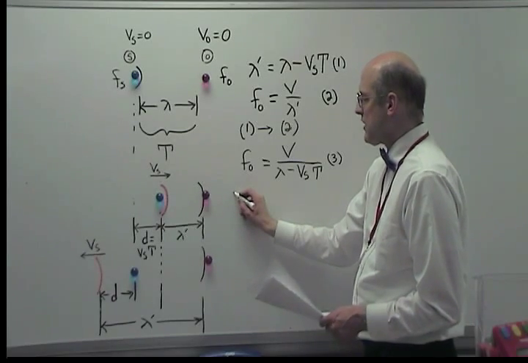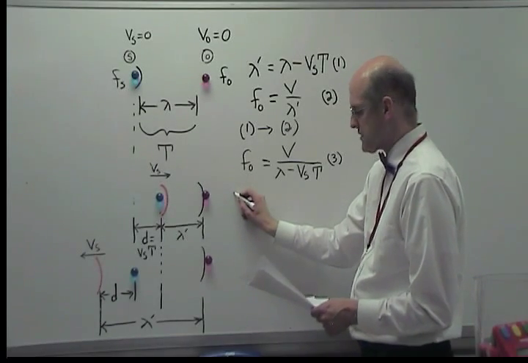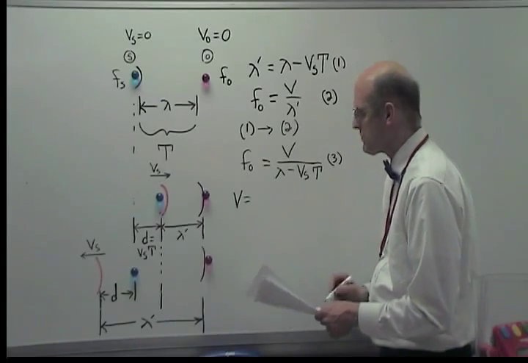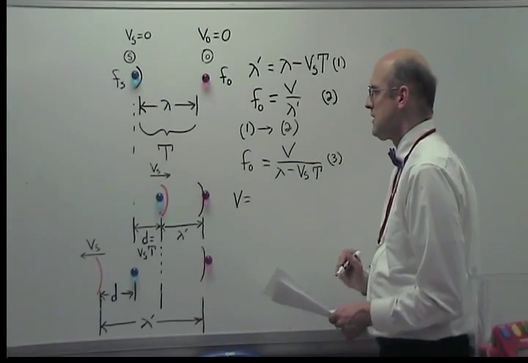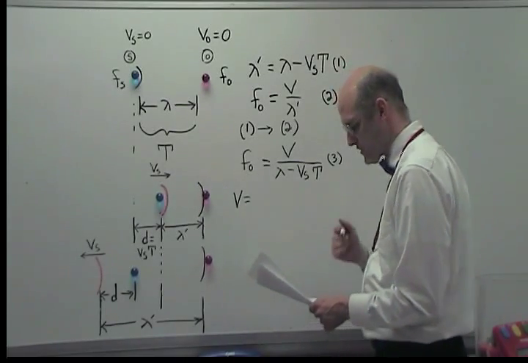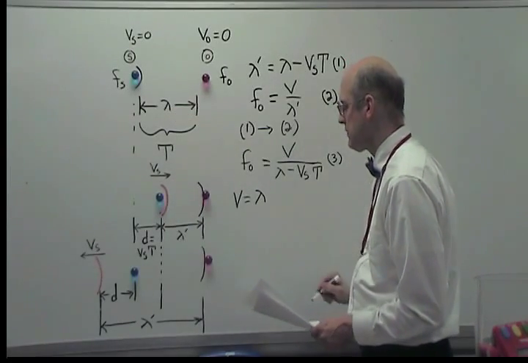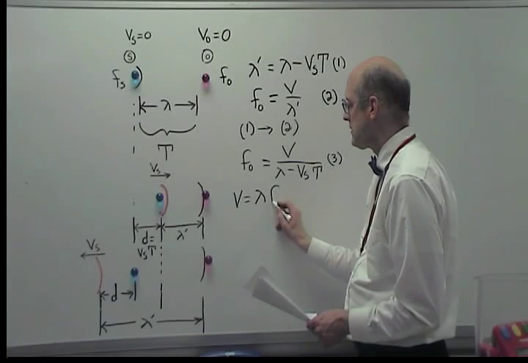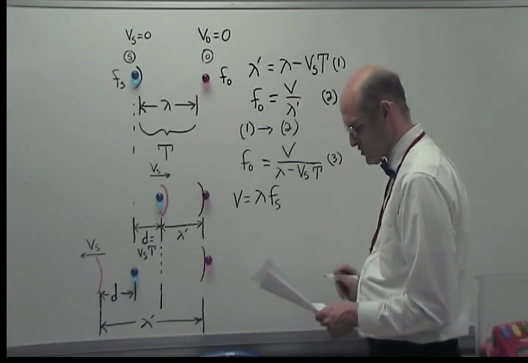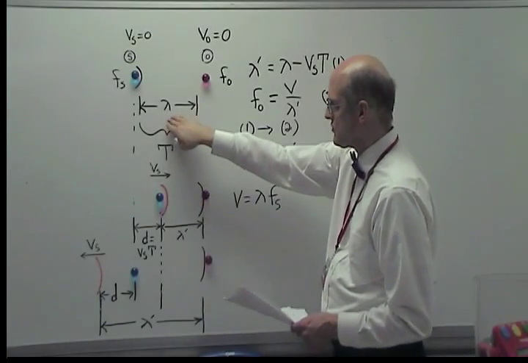Next, I'm going to write an expression for the speed of sound in terms of the frequency of the source. The speed of sound would be equal to the wavelength of the sound wave times the frequency of the source. If you look up here, you'll understand that, right?